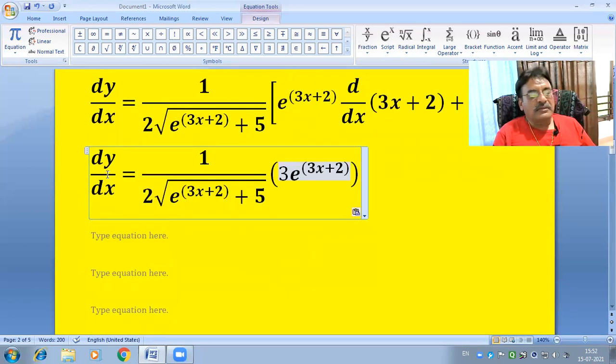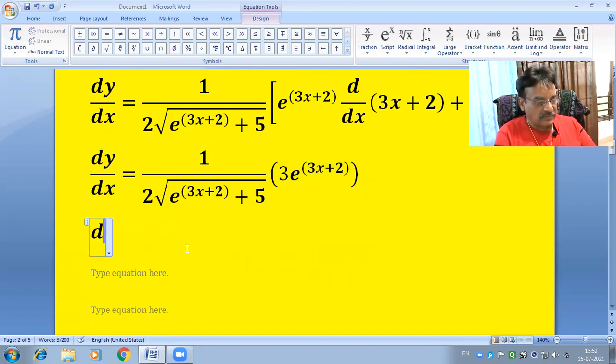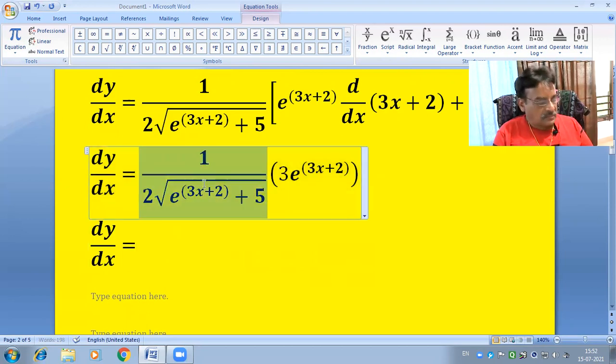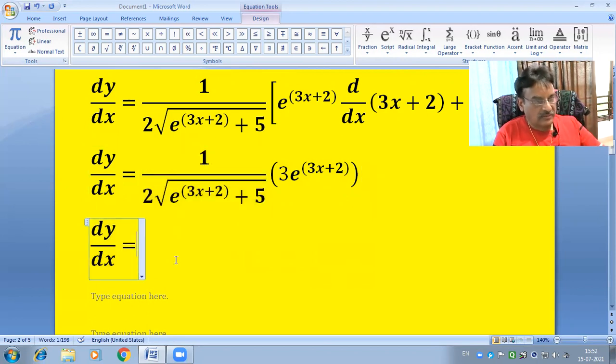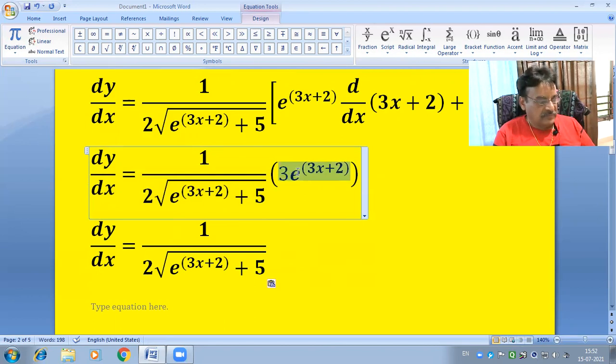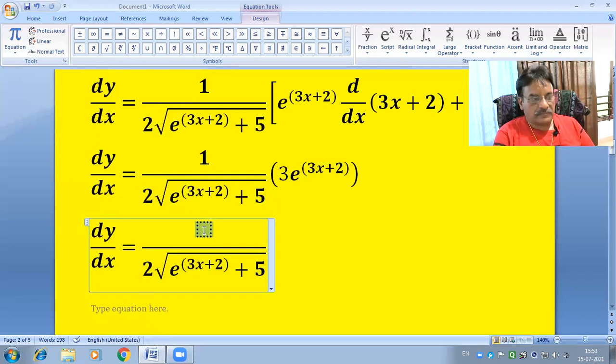Therefore, here dy by dx is equal to these functions as it is. So we write here 1 into 3 e to the power 3x plus 2.